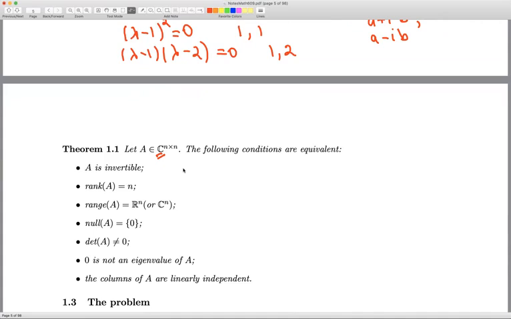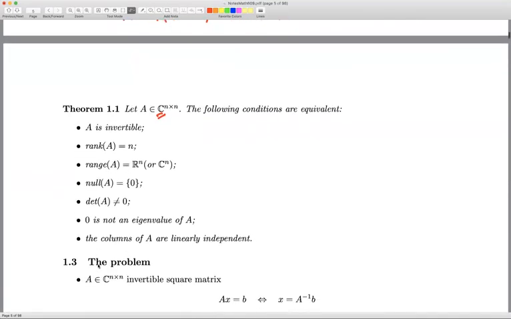A is invertible if and only if the rank of the matrix A is n, if and only if the range of the matrix A is Rn, if A is with real entries, and Cn if A is with complex entries, if and only if the null space of A consists only of the zero vector, if and only if the determinant of the matrix A is non-zero, if and only if the scalar zero is not an eigenvalue of A, and if and only if the columns of A are linearly independent.